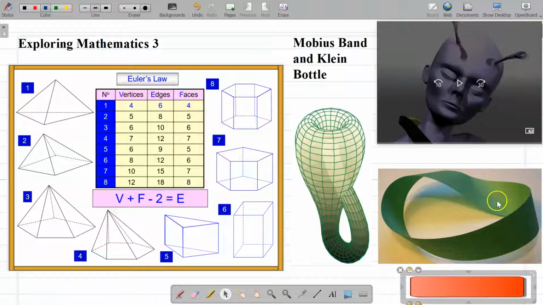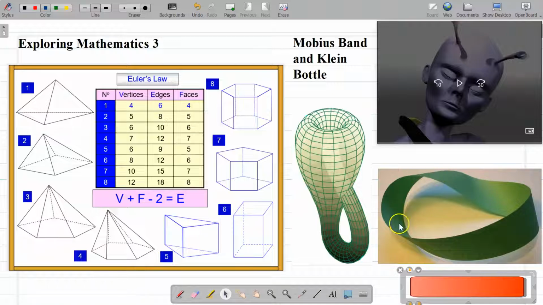Just make one and cut it down the middle throughout its length and just see what happens. And if you find that surprising, cut it into 3 strips as if you were dividing it into the 3 lanes of a motorway, and see what happens then when you try and cut it.